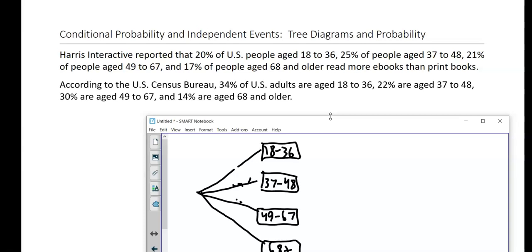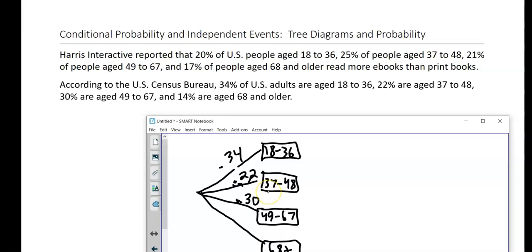It looks like the first branch is the age group. The second one is, do you read ebooks or not? So let me get the percentages right. The first one's the age group. 34% of US adults are 18 to 36, so 0.34. 22% are 37, so 0.22. 30% are 49 through 67, so 0.3.